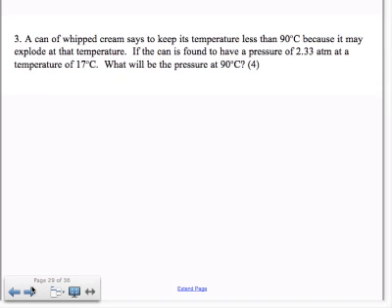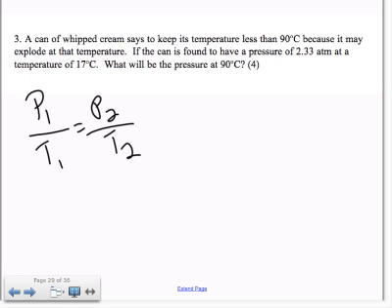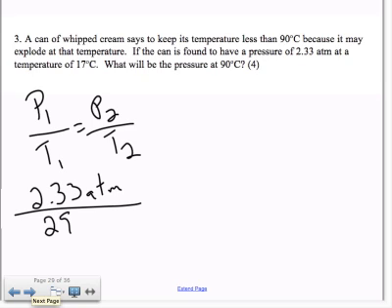Okay, we have to keep the temperature here below 90, so we're going to try to figure out, we've got pressure and temperature again. P1 over T1 equals P2 over T2. Plug in the numbers we're given. It says 2.33 atmospheres when the temperature is 17 Celsius, which would be 290 Kelvin, 17 plus 273.